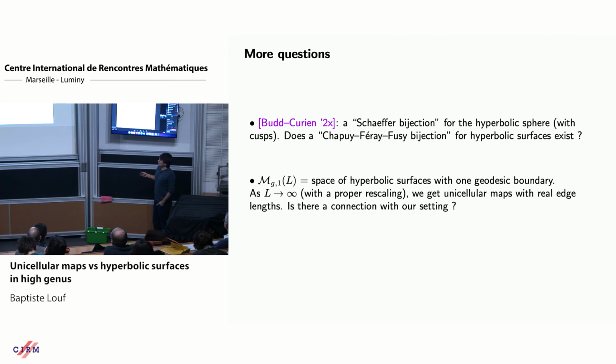The other thing that I'm thinking about is a different space of hyperbolic surfaces: hyperbolic surfaces with one geodesic boundary. You fix the genus this time, and if you take the size of the boundary to go to infinity, basically what you're going to have is a map with one face.